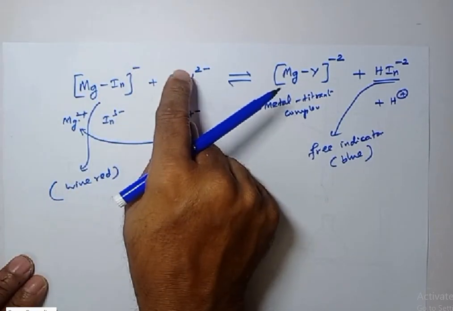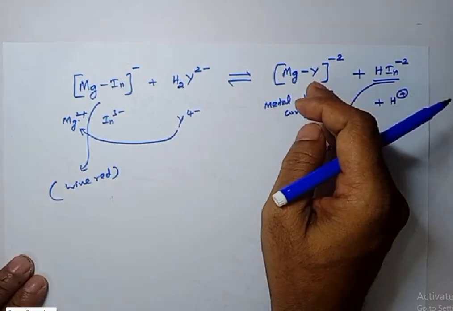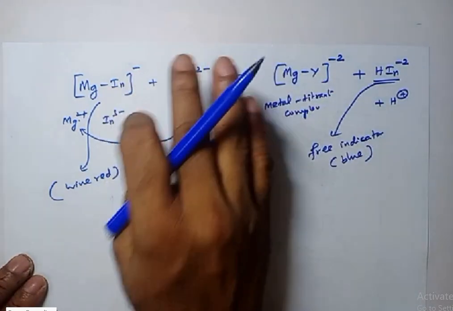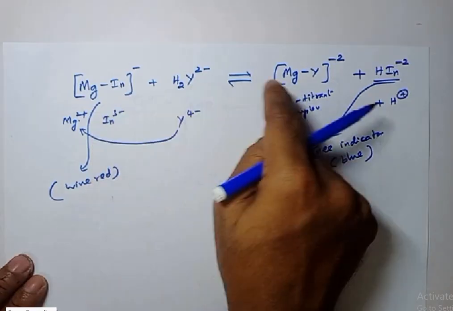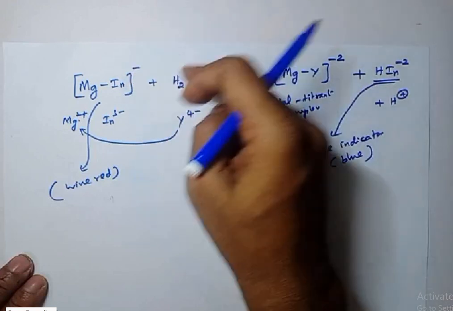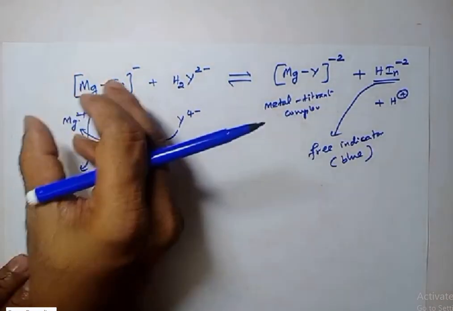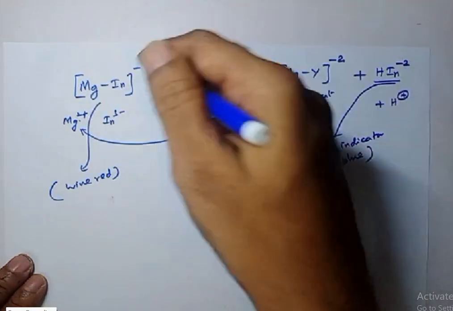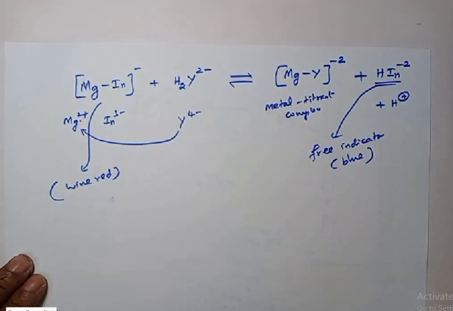If I add 100 ligands and all 100 ligands combine with the magnesium to form the complex, and then the complex decomposes, once again you will get magnesium ion. Your reaction consumes more and more ligands. For the same amount of magnesium, we will be adding an excess amount of the titrant. So you will get a large error.